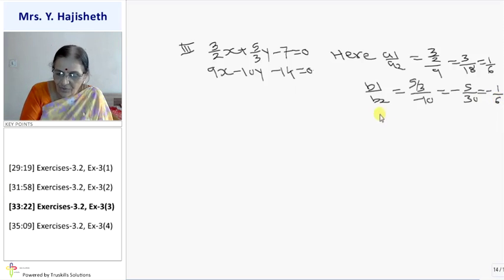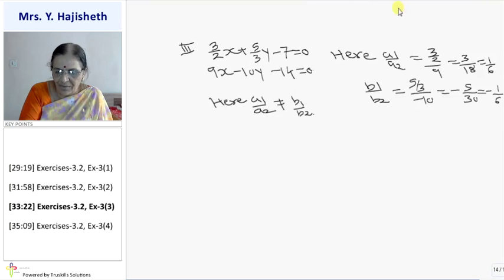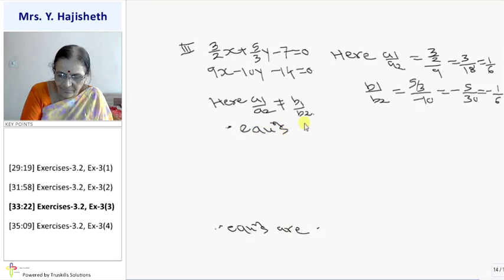So why should I bother about C1 by C2? Here A1 by A2 is not B1 by B2. Clear? So what can I say? The equations are consistent.